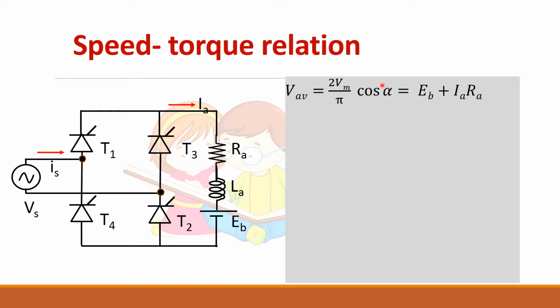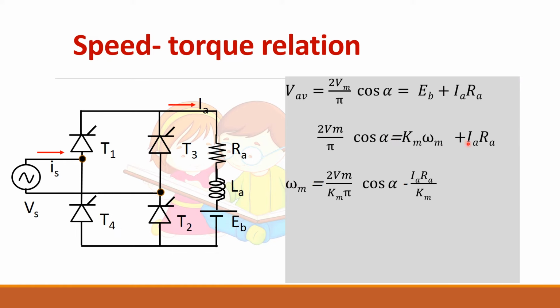The converter output becomes the input for the motor, so we equate these two equations. Back EMF is equal to Km into omega m, so you find omega m from this. That omega m is equal to this term divided by Km, minus Ia Ra divided by Km.